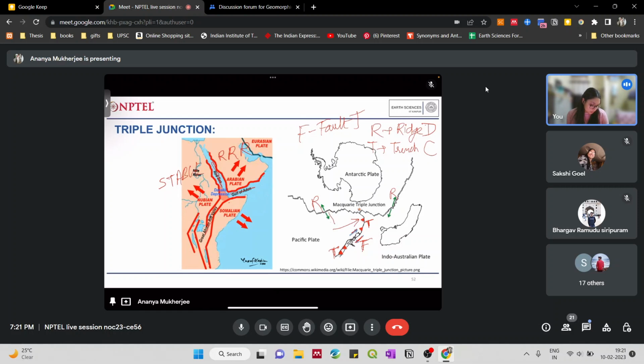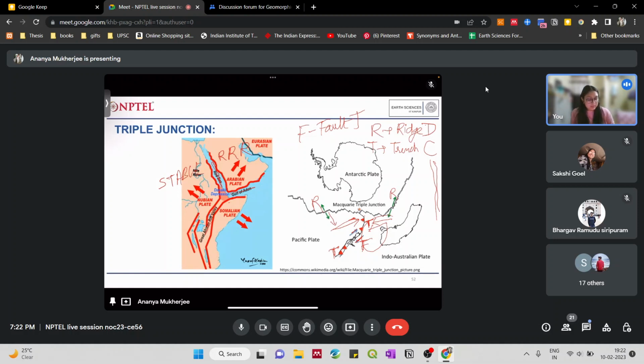This is overriding it, and this is getting subducted. Soon what will happen is this entire plate might keep moving like this, and somewhere here there will be another R. So whenever a plate is colliding somewhere, it is going to form a ridge at the other margin. Usually this is the kind of logic of how the plate tectonics are going on, they are all moving.